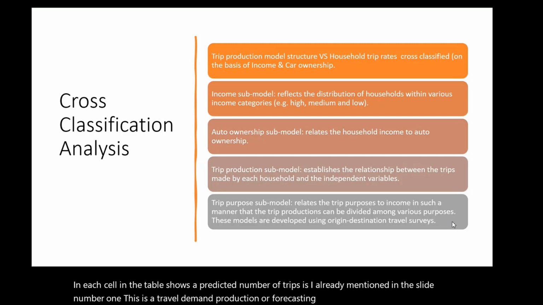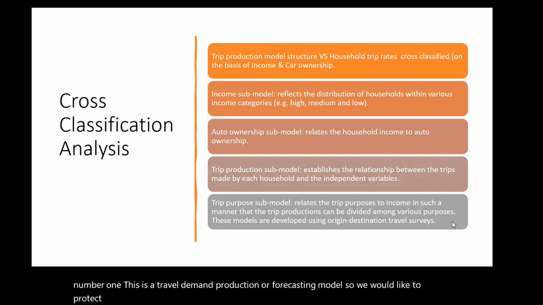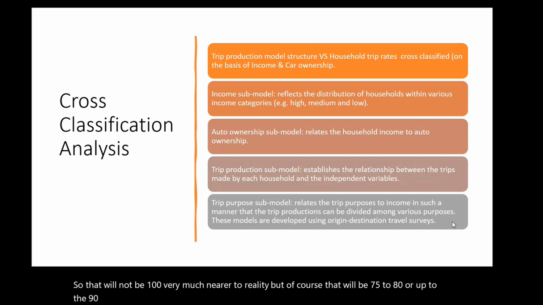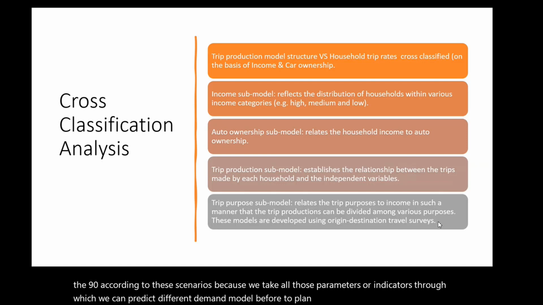So we would like to predict things before they happen. That will not be 100% near to reality, but of course it will be 75 to 80, or up to 90% according to the scenarios, because we take all those parameters or indicators through which we can predict different demand models before planning or designing any transportation facility.